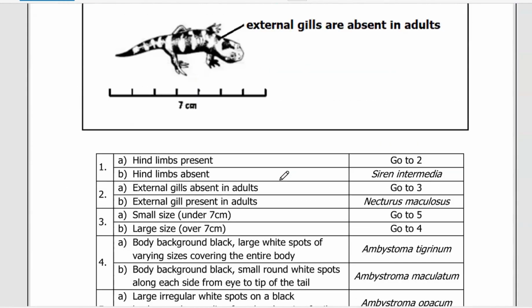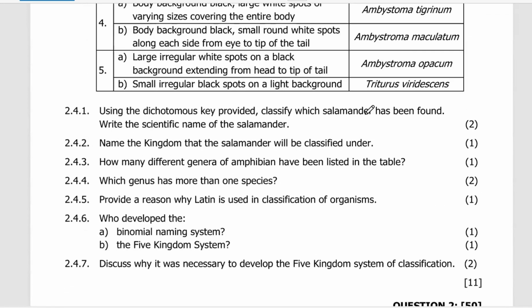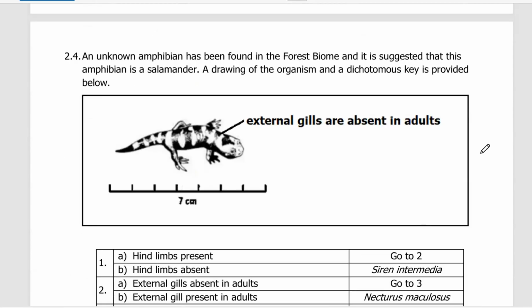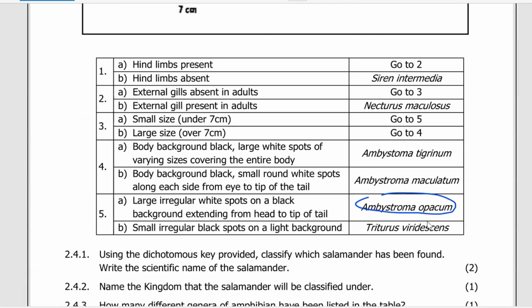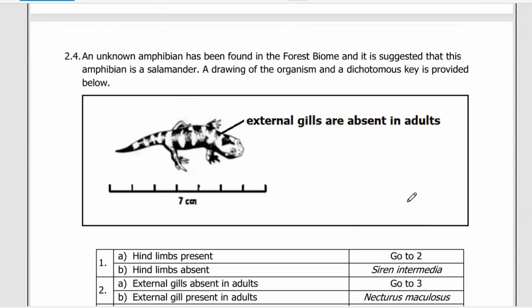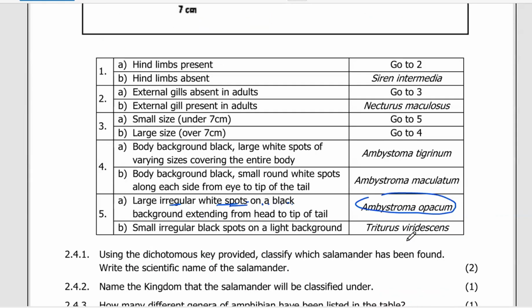Then they're saying that 2.4 is about the classification of these organisms. Use a dichotomous key, which is the naming system of the organisms. So you need to classify the salamander as being found. So we see that salamander is large, irregular, white spots on the black background extending from the head to the tail.